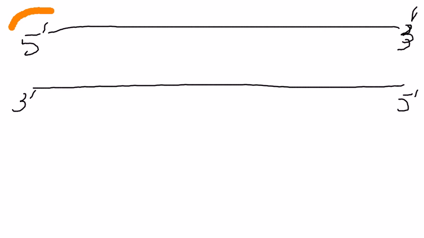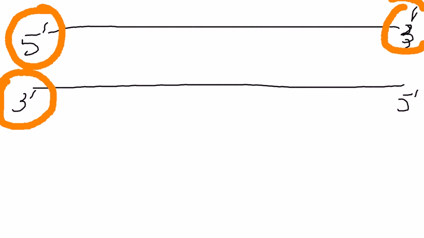We have the 5' to 3' strand, and then a 3' to 5' strand, because remember, they're anti-parallel to one another. So when your DNA is going to be replicated, it is going to make a fork.